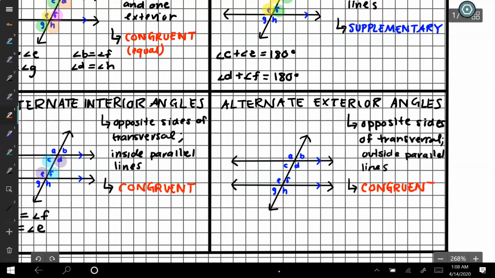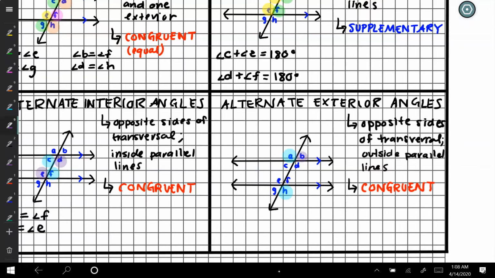Alright, so we're going to start again on our left side. Let's look at angle A. So that is on the left. Alternate is going to be on the right, and outside, which is going to be angle H. And then angle B is on the right side, outside of our parallel lines.